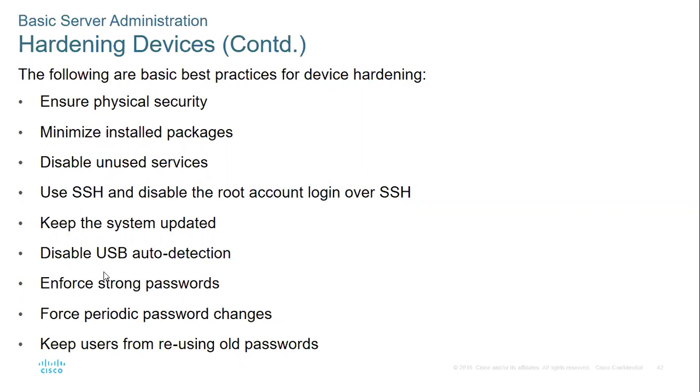You must disable USB auto detection. There's a lot that you can do to make it in such a way that people are not stealing information through USB drives. You can disable the USB drive.